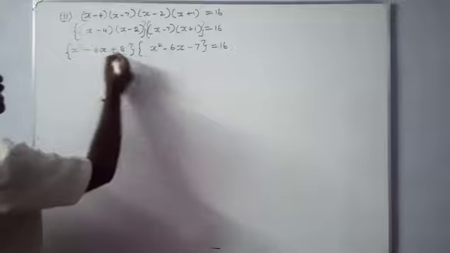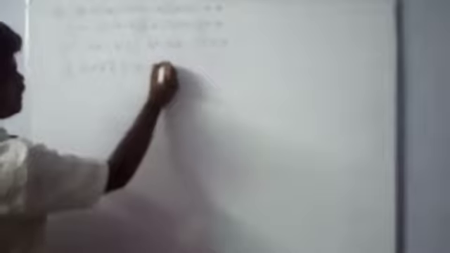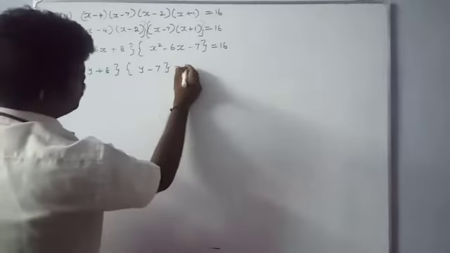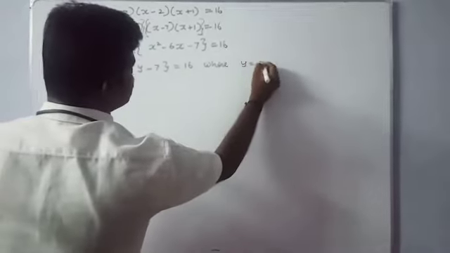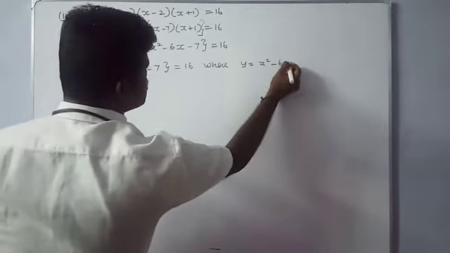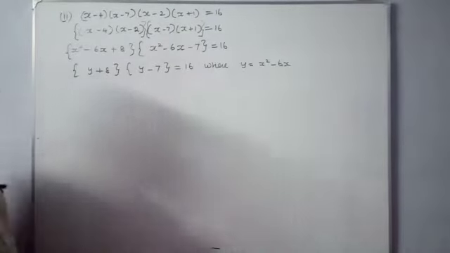Here x² − 6x and x² − 6x are the same, so we can write (y + 8)(y − 7) = 16, where y = x² − 6x. This is a quadratic factor also.